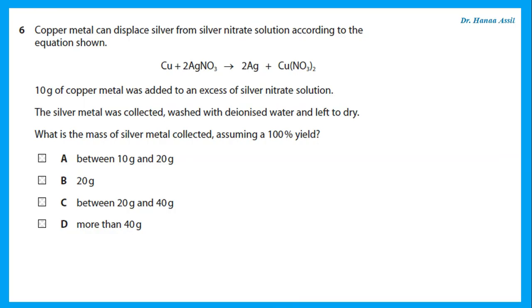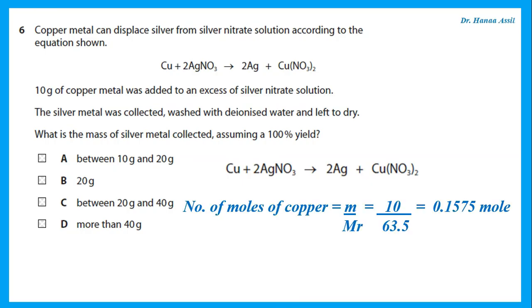So basically we're starting with 10 grams copper. How much silver? So we need to get number of moles of copper. So the number of moles of copper is mass over the molecular mass, 10 over the molecular mass of copper from the periodic table. This gives number of moles of copper.